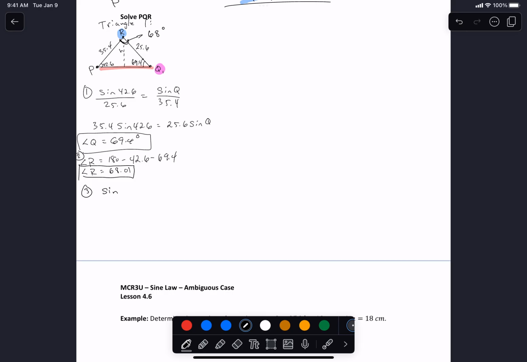So the sine of 42.6 over 25.6 has to equal the sine of 68, which is angle R, over R. And if you use sine law to solve, you should find that side length R will be 35.1. You know what else we're gonna do?